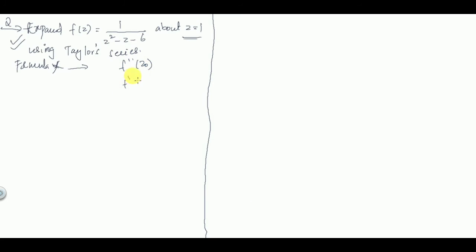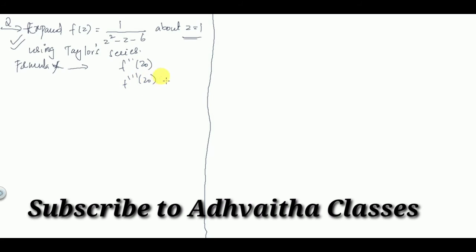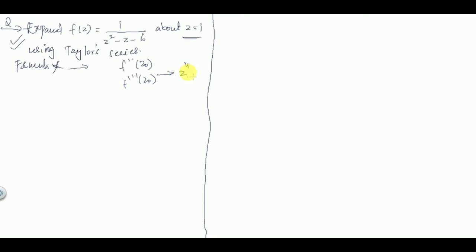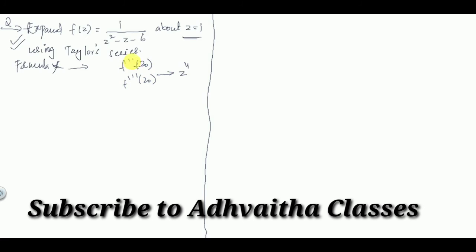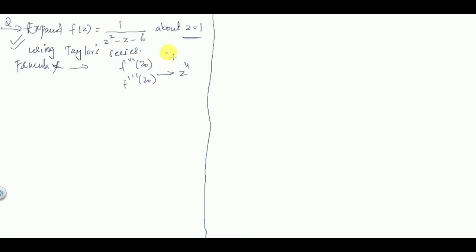Okay, so if you want to find f triple dash of z naught, you have to solve the UV rule for order of z to the power of 4, because in f double dash of z naught you will get (z² - z - 6) whole square. Okay, so it is somewhat more laborious work, right?